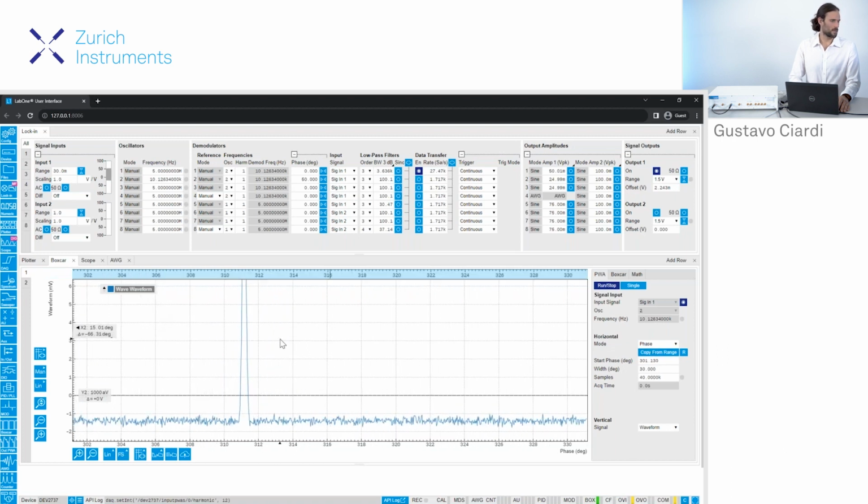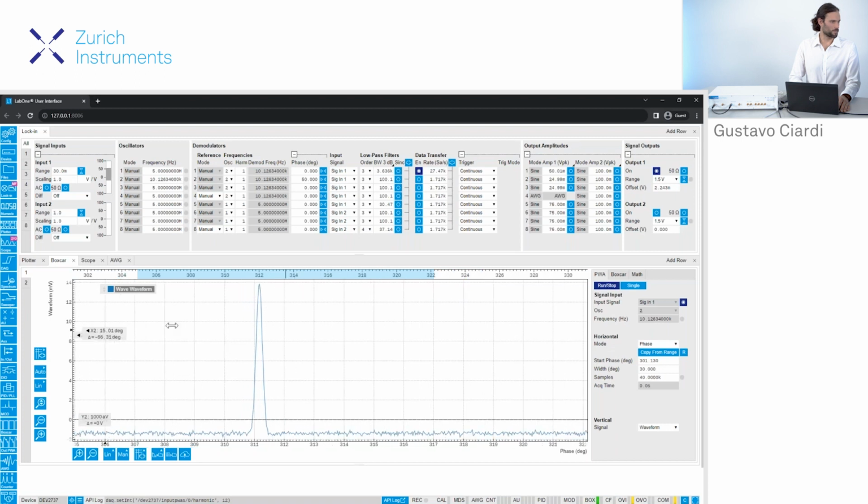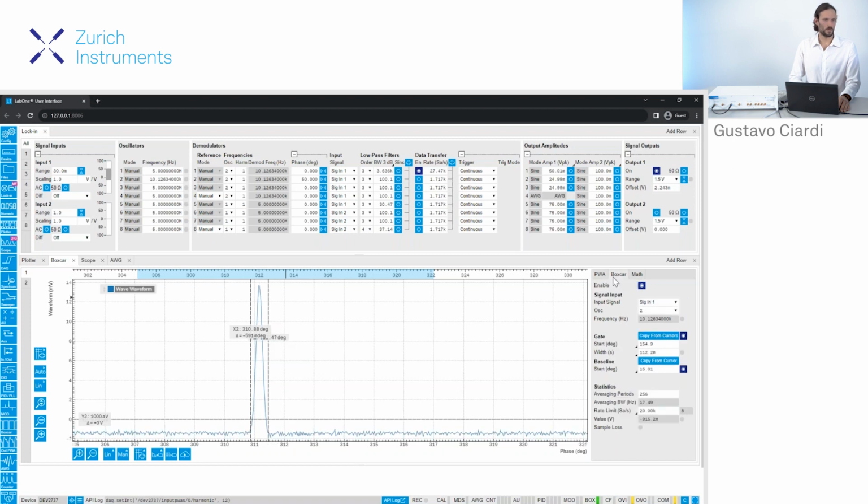Now we can set the Boxcar window again around my signal, and then I set the baseline somewhere where there is no signal.